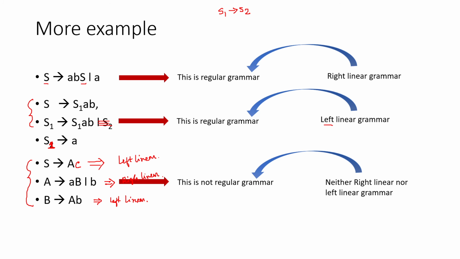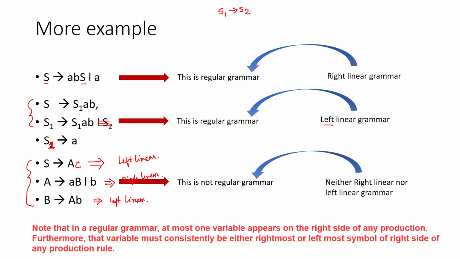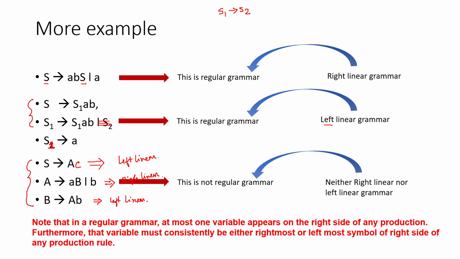Since it is neither, we can say the grammar is not regular grammar. In that case, you have to note this very important point, that in a regular grammar, at most one variable appears on the right side of any production.